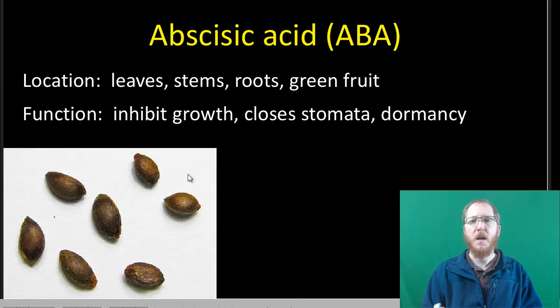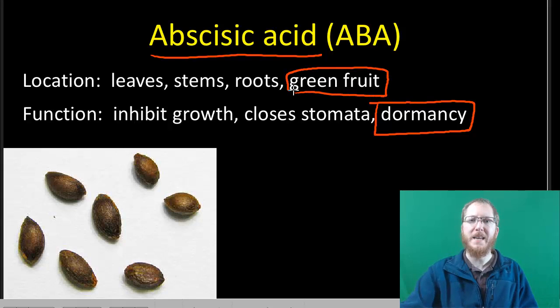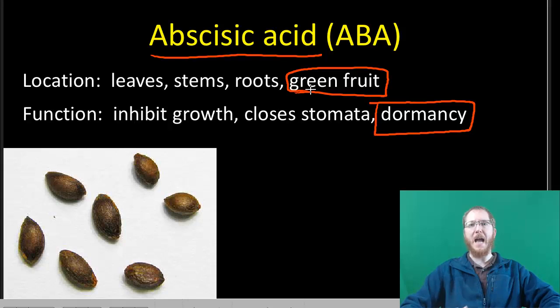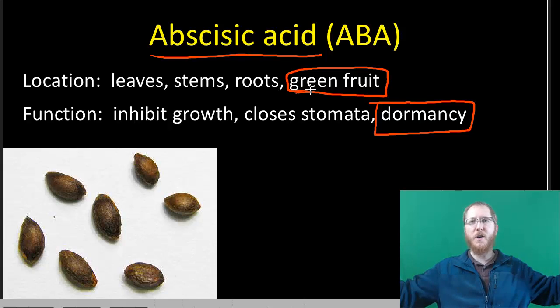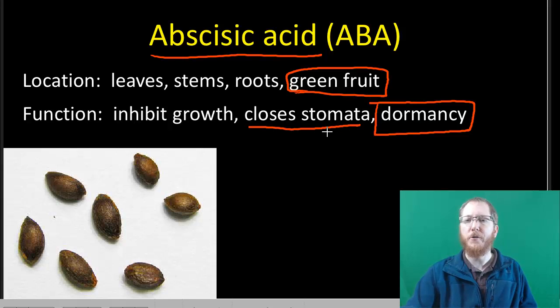Okay, abscisic acid, this one's different. This is not the same. Abscisic acid is largely about dormancy, so it's about keeping the plant inactive, such as in seeds, such as in fruit that's ripening, where you're trying to say, all right, chill out, let's just relax. This is not saying grow, grow, grow. It's saying wait. It also will close the stomata if there's water stress.